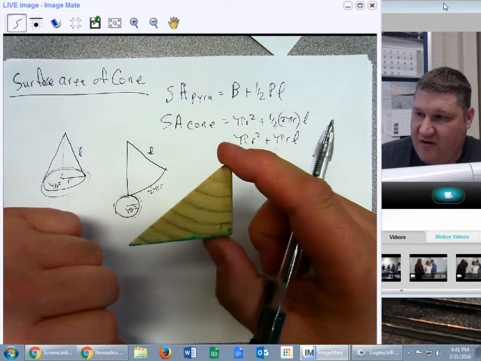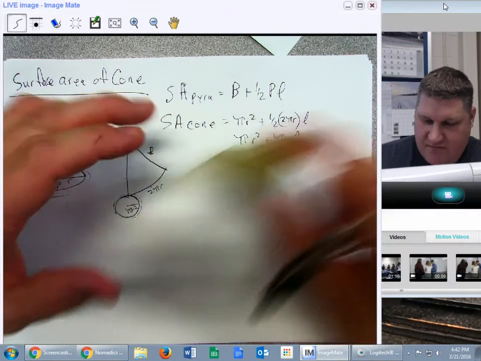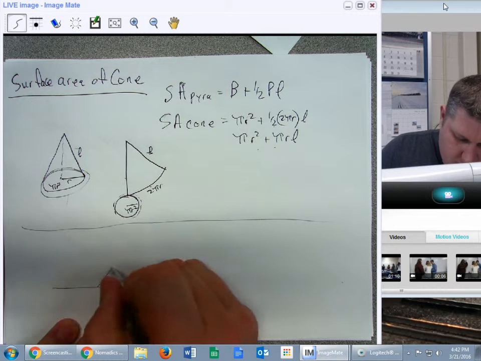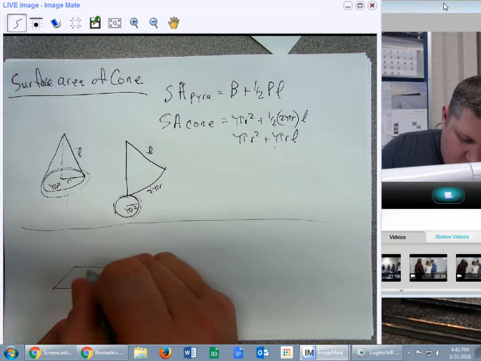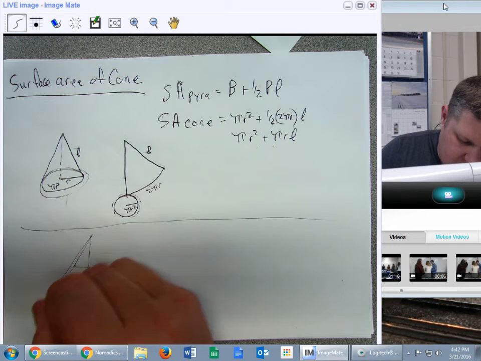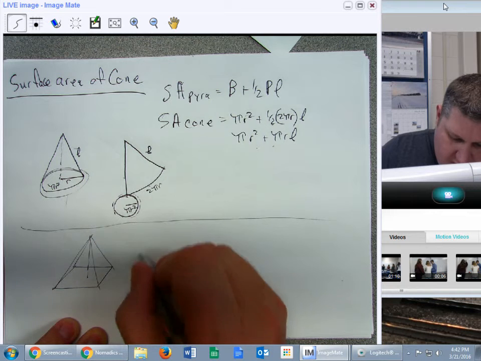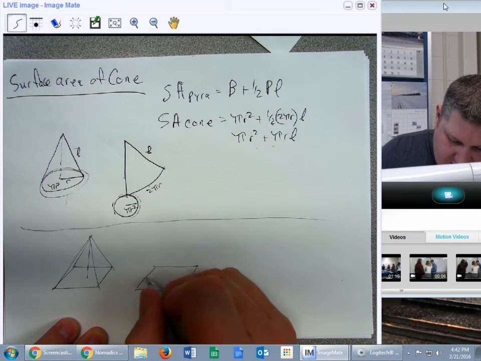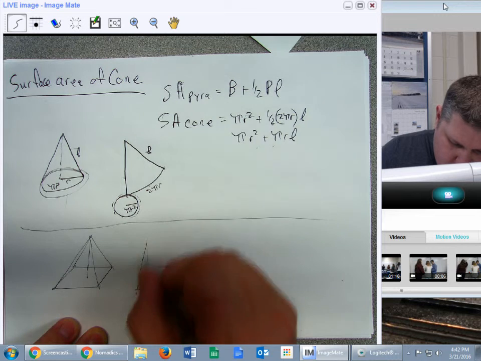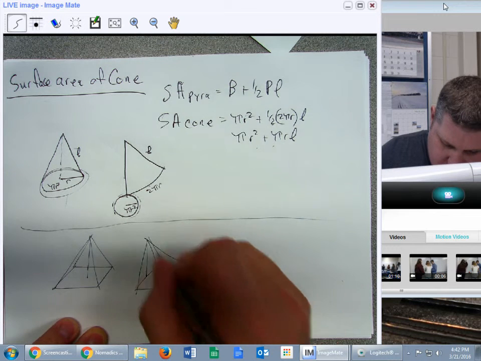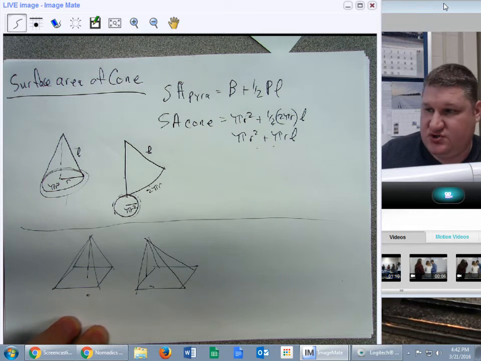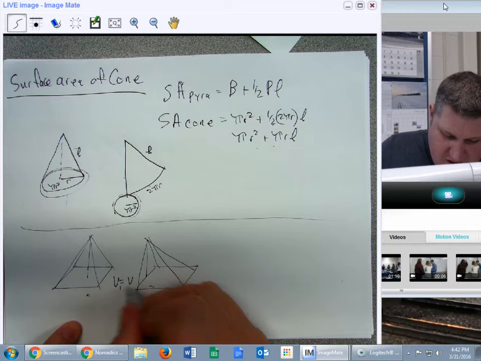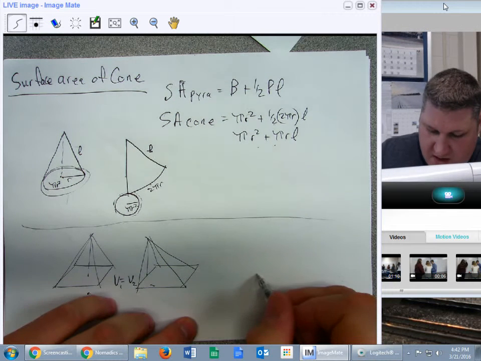And we talked about how volume doesn't change whether you draw the height at the center or whether you draw the height to one edge. The volume of these two would actually be exactly the same. Volume 1 equals volume 2.